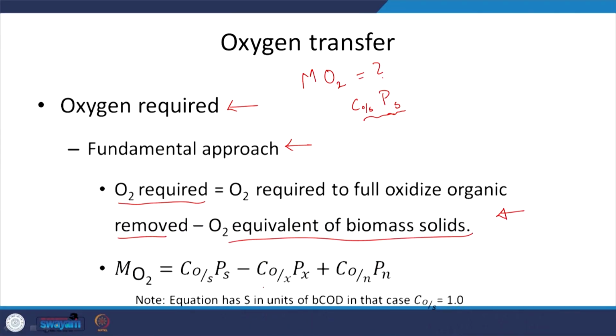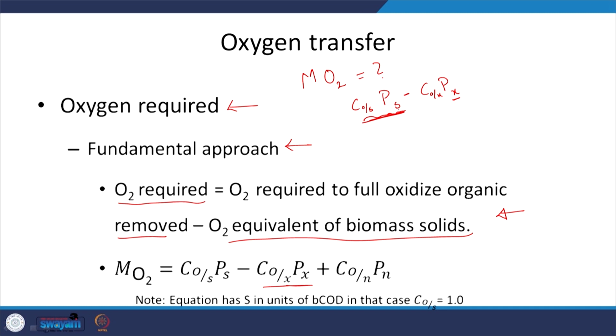So, that aspect we have to remove. We know the concentration of the microbes that are being produced, and we know that oxygen is not required for that particular reaction. So, we have the conversion factor for that, and we have to remove it from this particular term or set of variables we have.